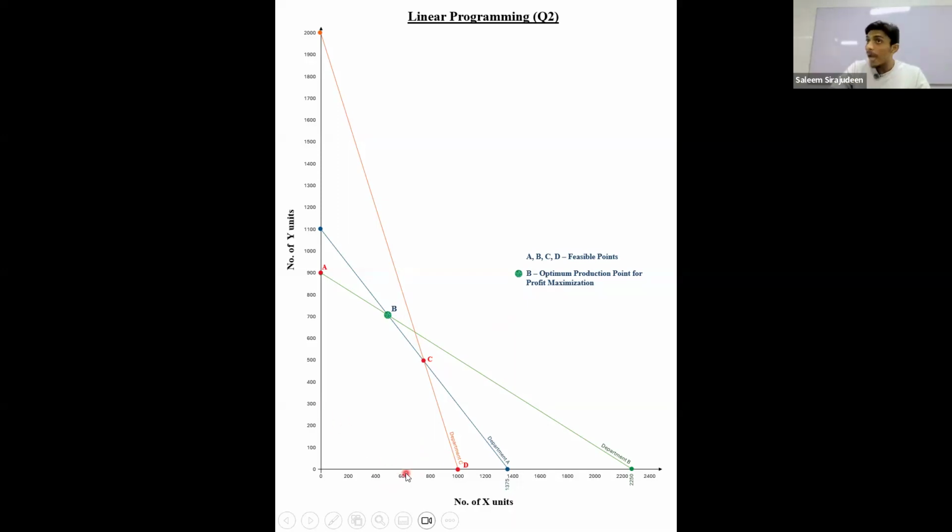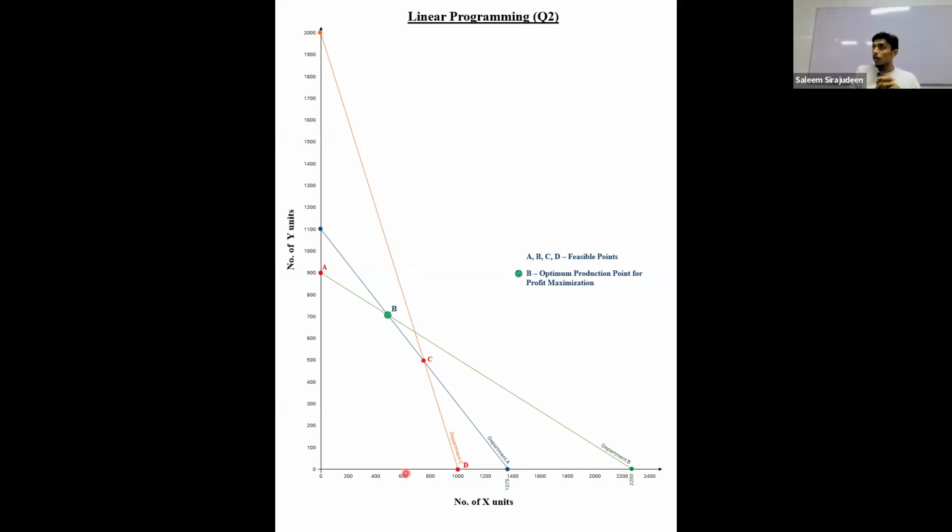You will match it, and you have to move that line towards the right side. When you are moving that line towards the right side, the last feasible point which it touches would be the optimum production plan for the profit maximization.